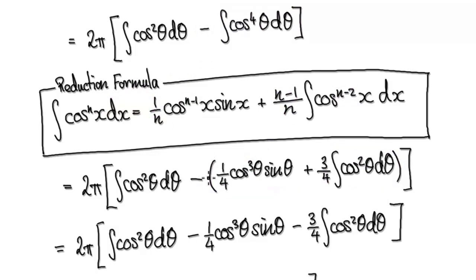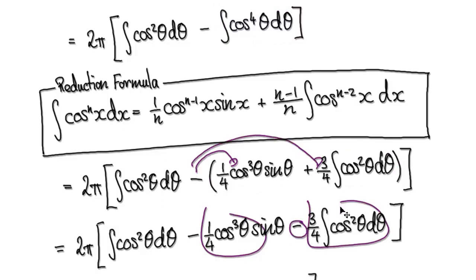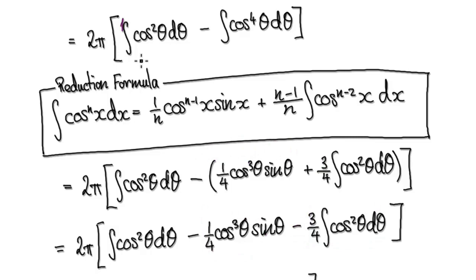And then multiply this out, that will give us a minus this whole thing here. The reason why we left this earlier was because of this. Looking at this, it's exactly the same. It's like me saying one of something, take away 3/4 of that same thing.